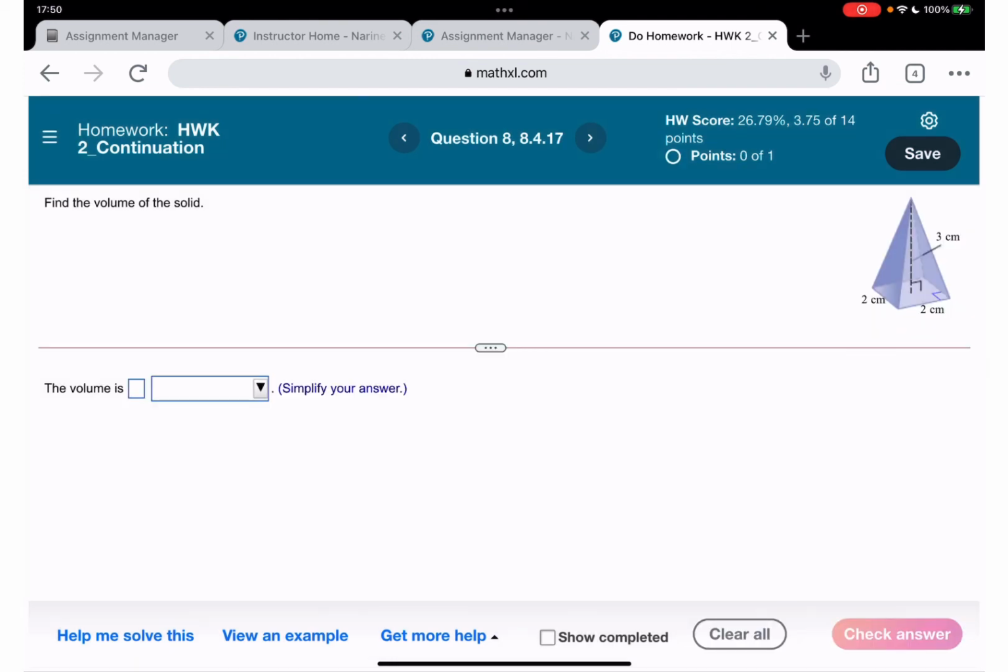Moving to question number 8. So we need to find the volume of a square-based pyramid. How are we going to find the volume of the square-based pyramid?